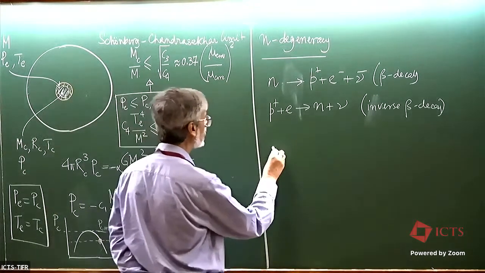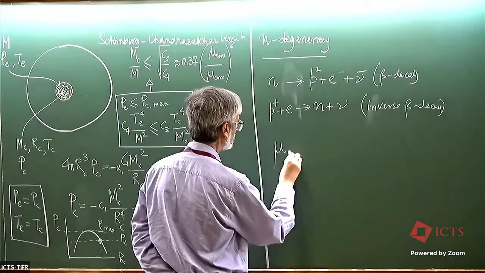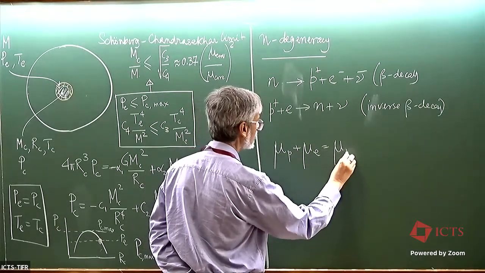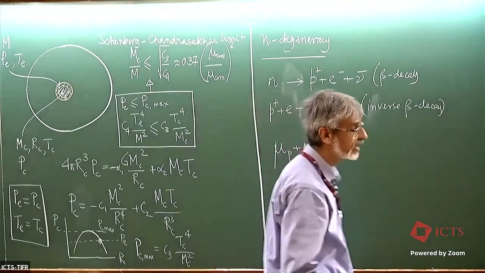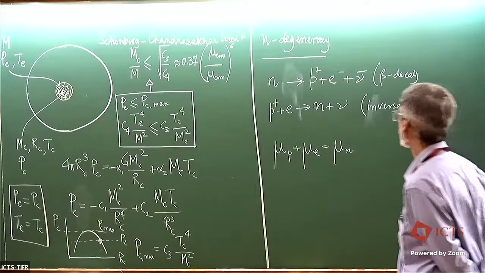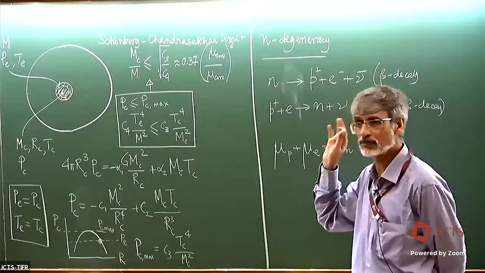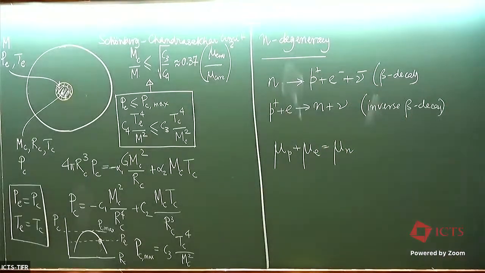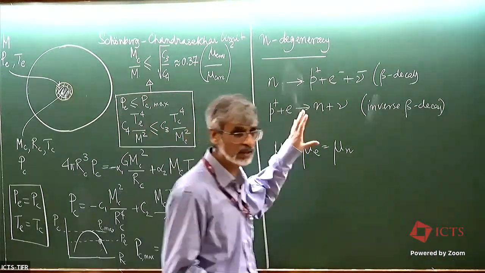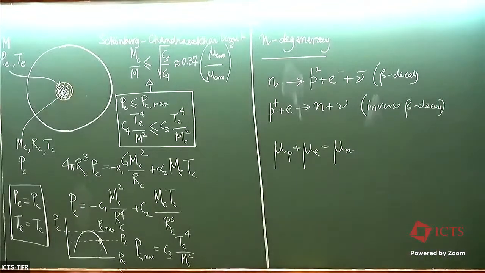The balance will occur when the chemical potential balances on both sides of both equations. Nu and nu bar leave the system, so their chemical potential does not matter. I have ignored the presence of muons, but we'll not worry about that for now.